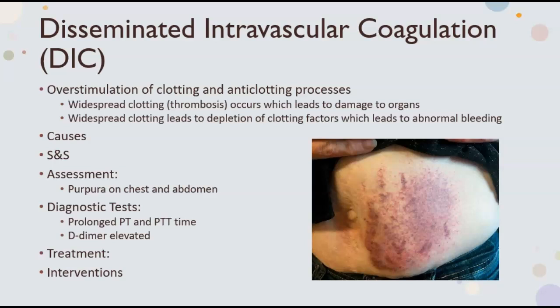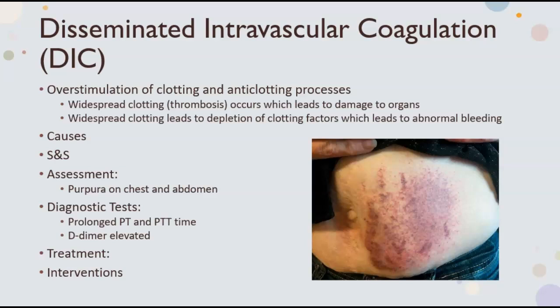Assessment, you'll find bone and joint pain, changes in vision, purpura on the chest and abdomen. That reflects the fibrin deposits in the capillaries. Usually this is going to be the first sign of your DIC, and you can see here's a picture of that purpura on the chest and abdomen.